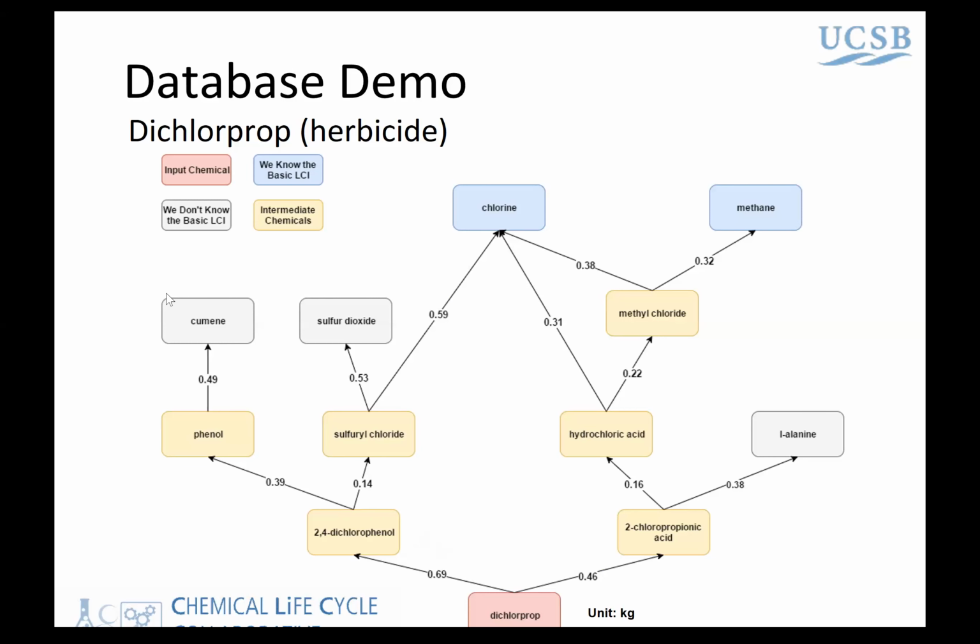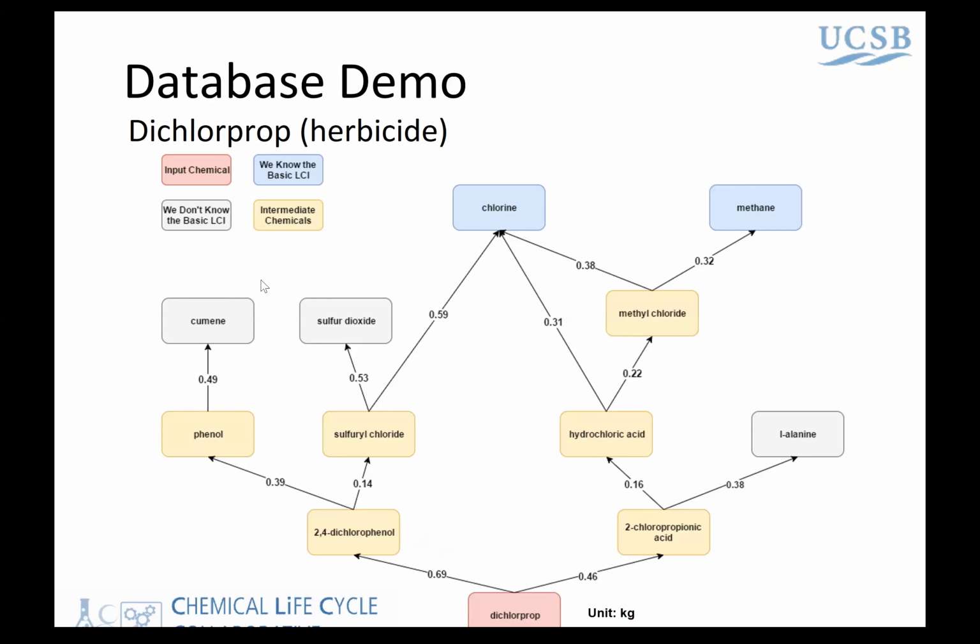for those nodes in the gray color, currently we don't have a default LCI right now, though those are building blocks. We will assign an average organic chemical life cycle inventory for those building block chemicals for which we cannot find life cycle inventory information, and we are still working on collecting very detailed LCI information so that we can complete the full LCI.